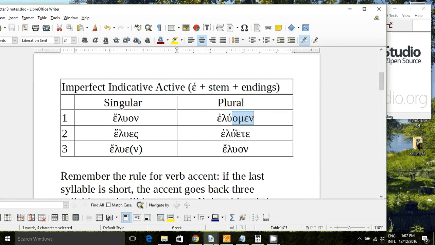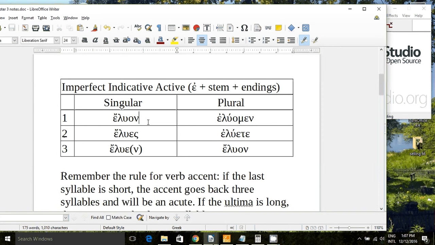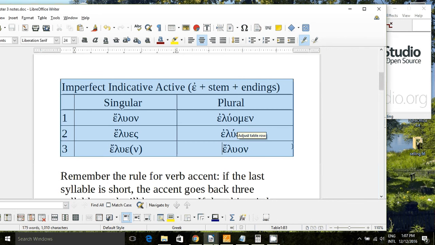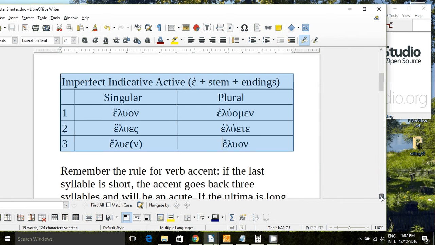So: elyon, elyes, elyen, elyomen, elyete, elyon. Obviously, you need to make this a flashcard and study it. Make this whole thing a flashcard and study it very well.